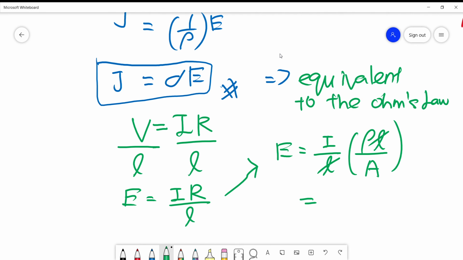And I over A is the current density, so I over A is equal to J. So this is J rho.